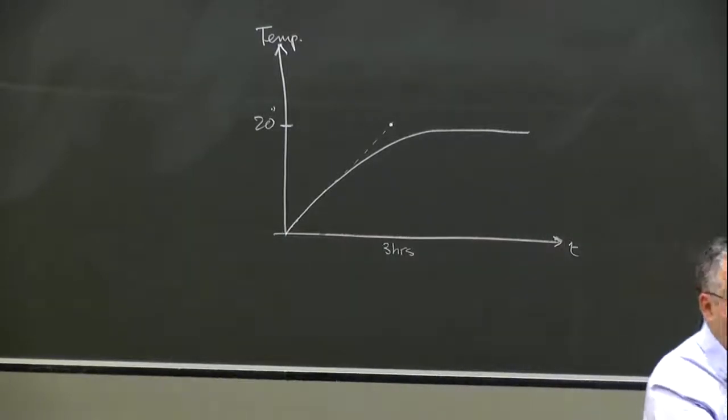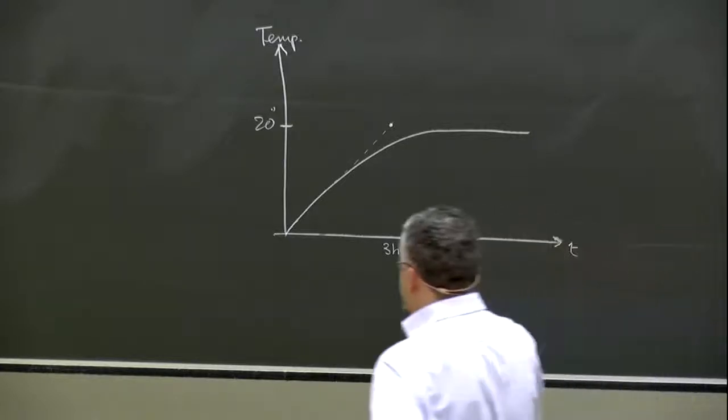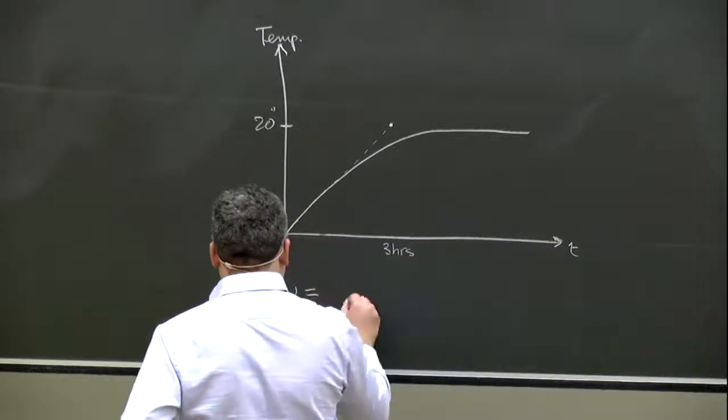Do you really want to wait 3 hours? You just got into the cabin, and you want to get comfortable. Would you want to wait 3 hours? Maybe not. So what would you do?